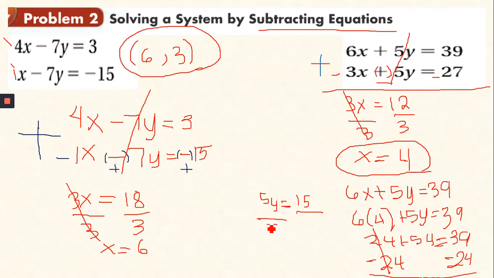Dividing both sides by 5. 5 divided by 5, that is 1. So you now have y is equal to 15 divided by 5, that is 3. So the value of your y is 3. The solution of the given system is 4, 3.